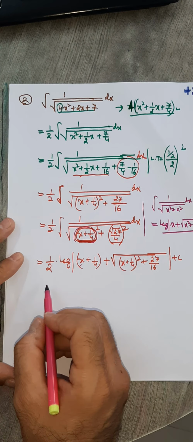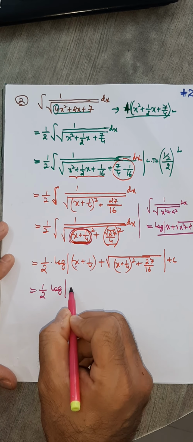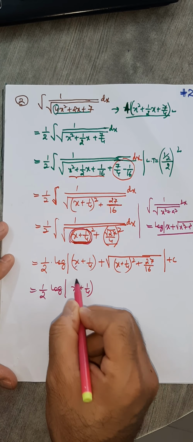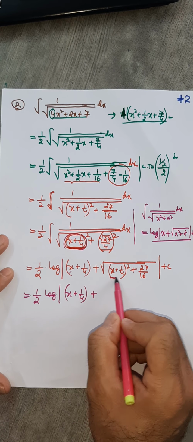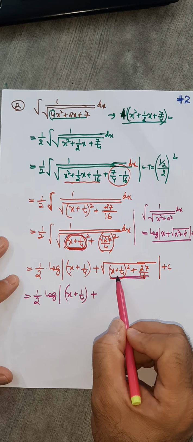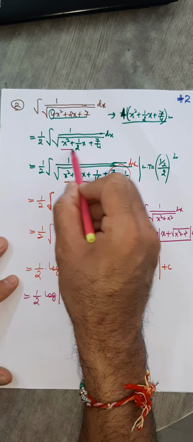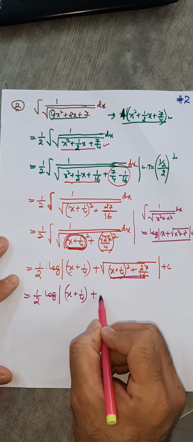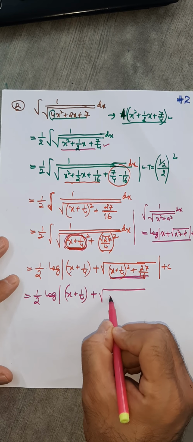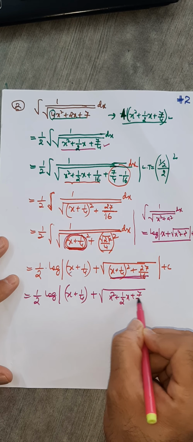I've used this formula. So here x means this much. So you have this. Now further, if you want, you can simplify. 1 upon 2 as it is, log of x plus 1 by 4 as it is here. What is this? This is nothing but, if you go back, this comes from this, which is from this, which is from this. So you can write this one directly. So I can write here root of x square plus 1 by 2 x plus 7 by 4.